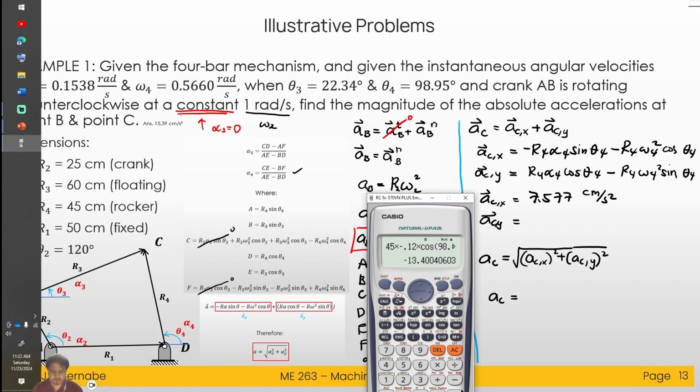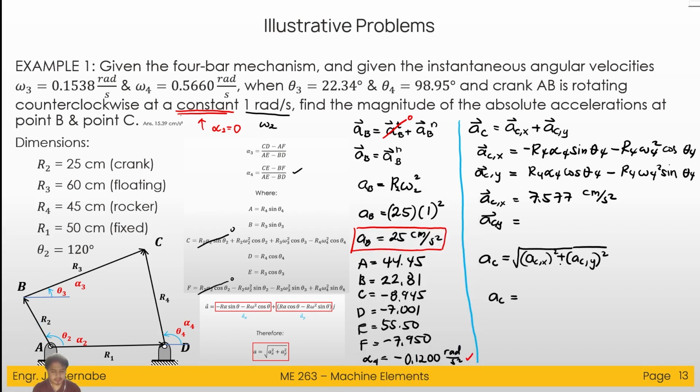So if you change this one, you have negative 13.440 centimeters per second squared. So as you can see here, C is accelerating in the x-axis this way by 7.577 and then accelerating as well in this direction. So the total component will be this acceleration right here.